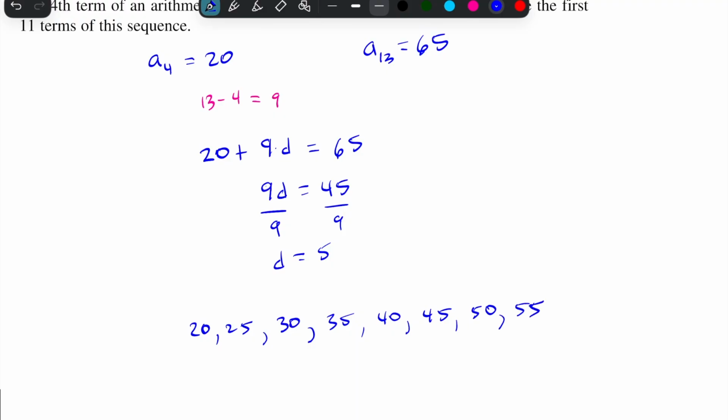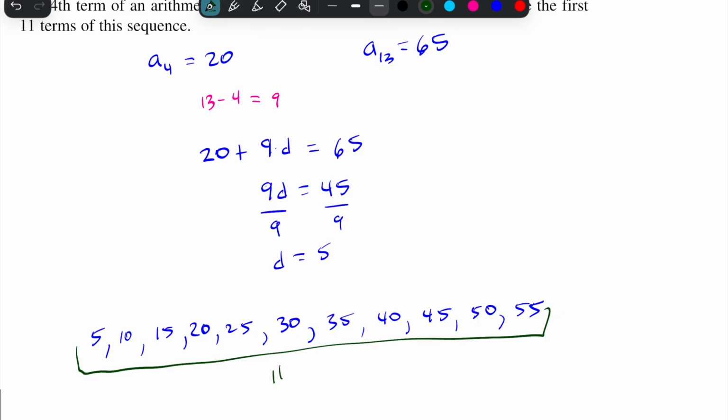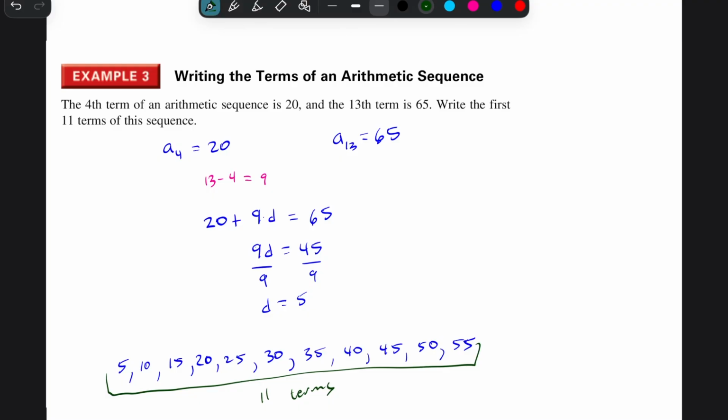And then to go in the opposite direction, I'll just subtract. This is my fourth, so my third would be 15, second is 10, first is 5, and there we go. Now we've found the first 11 terms of the arithmetic sequence.